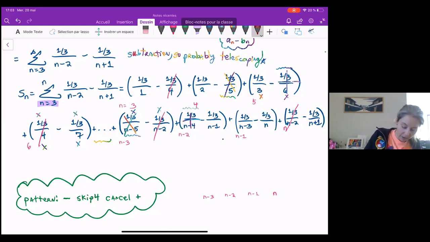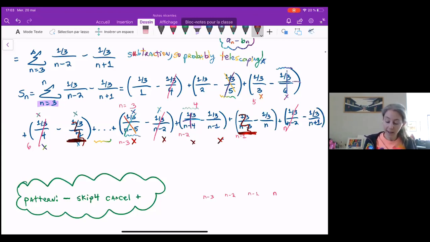My next negative here is this. What am I going to cancel that out with? You got it. So 1, 2, 3, 4, cancel out with the next value I have there. So we're going to cancel out like that.